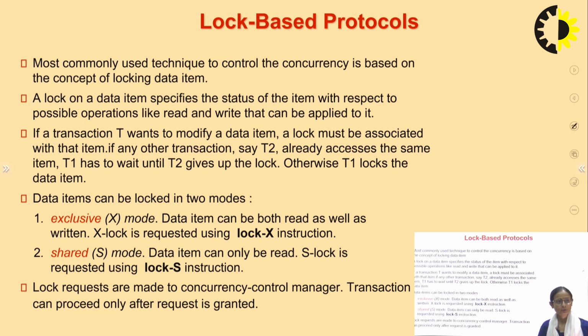It is going to the concurrency control manager. So the transaction can proceed only after the request is fulfilled. That is, suppose you have requested the exclusive mode, then until and unless you get an exclusive mode lock on your data item, you are not allowed to proceed further.